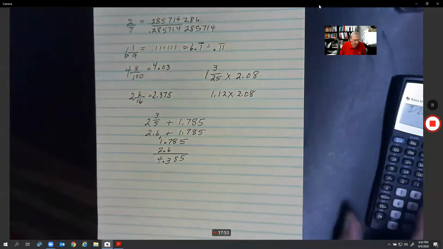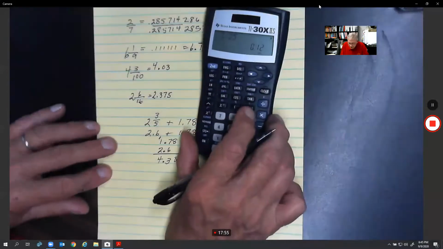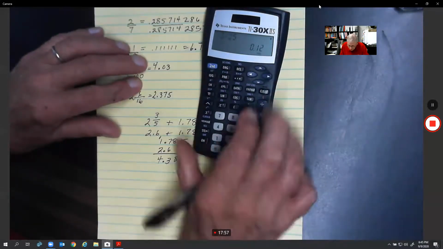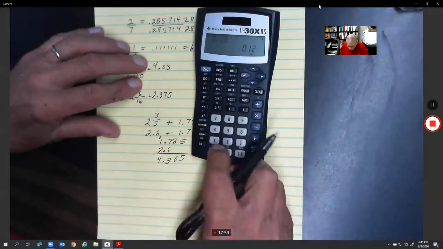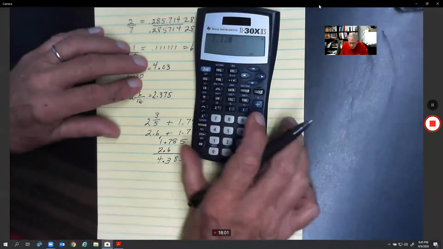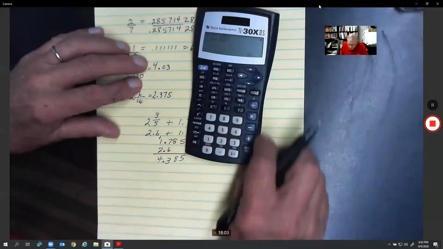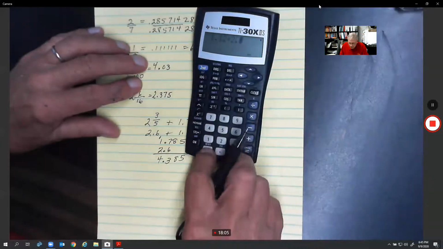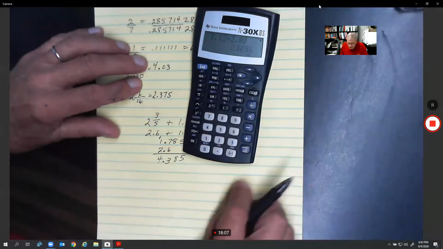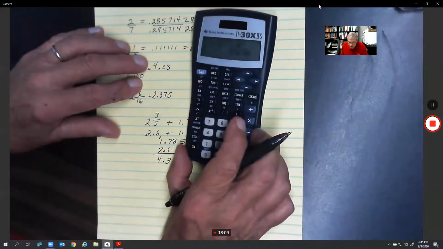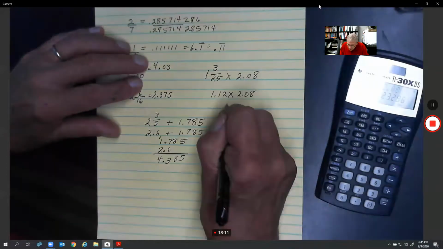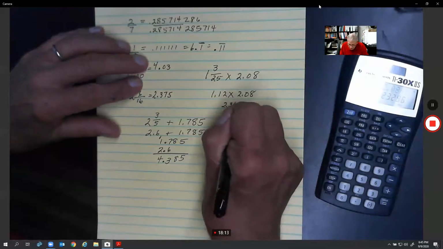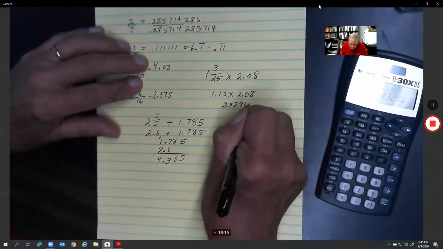If you want to do it longhand, you can always use the calculator. 1.12 times 2.08 equals 2.3296.